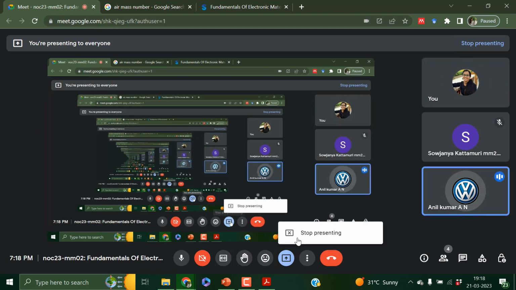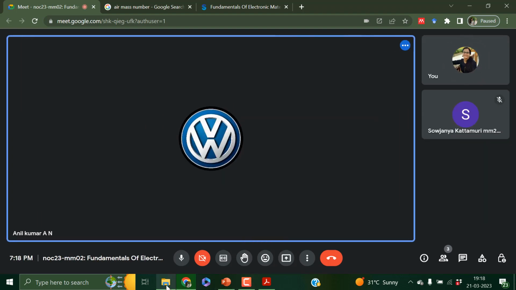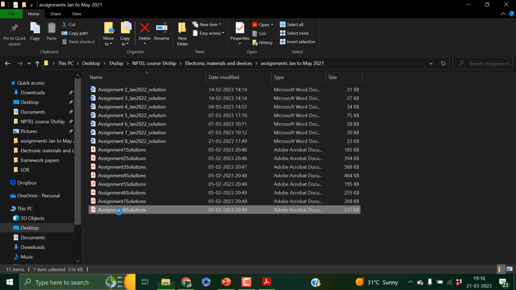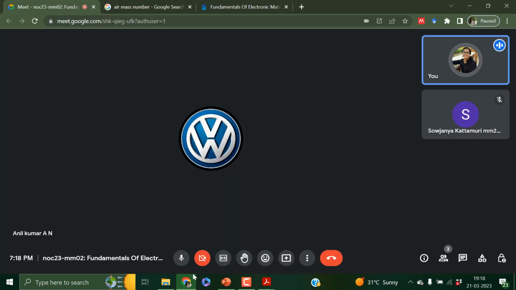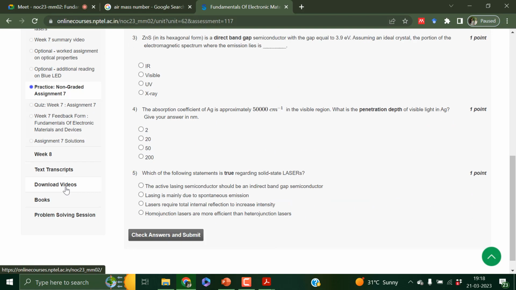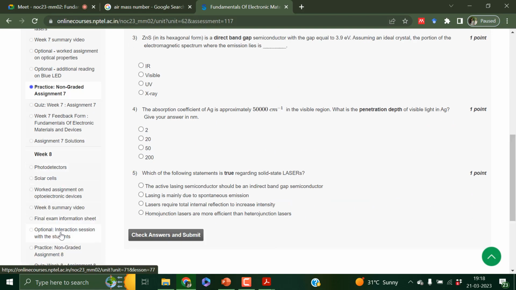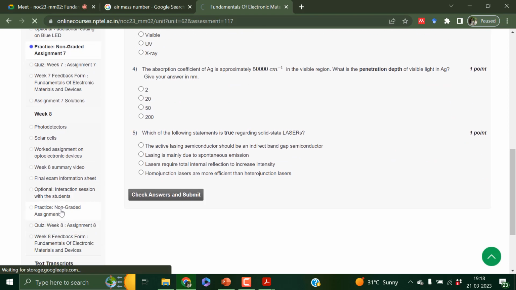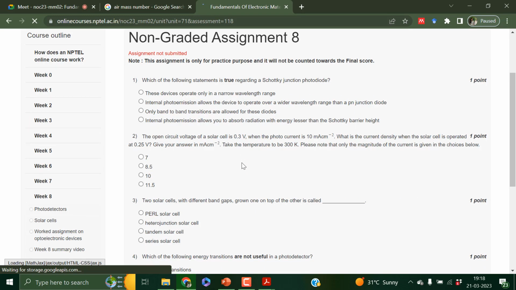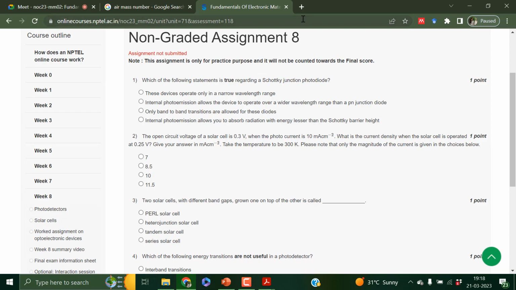Madam, in this week's non-graded assignment, the second one. Let me check. Open circuit voltage is given, photocurrent is given. What is the current density of the solar cell operated? I didn't get how to solve it, madam. Do you remember the equation for current density?